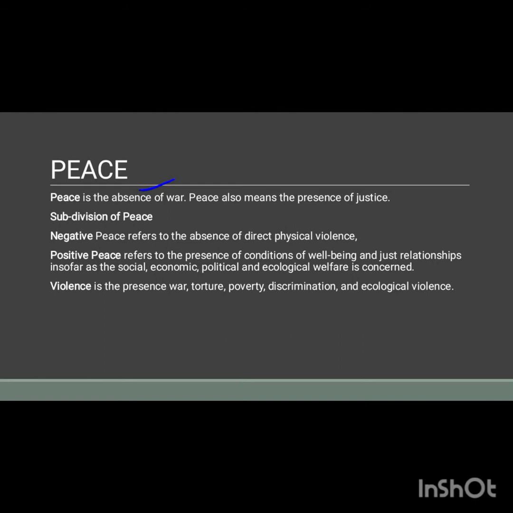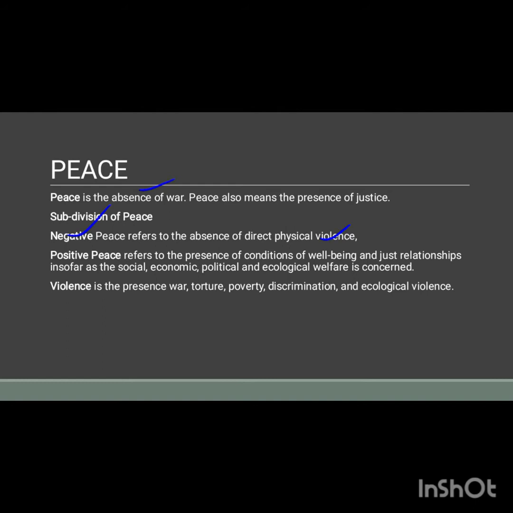Let us talk about negative peace. Negative peace refers to the absence of physical violence. This includes fighting and things which are just directed on the body itself. On the other hand, positive peace refers to the presence of conditions of well-being.